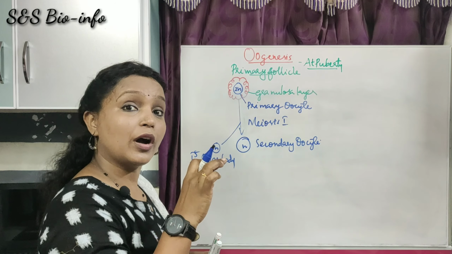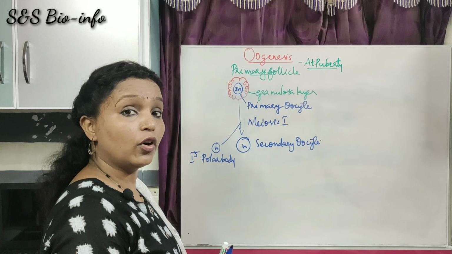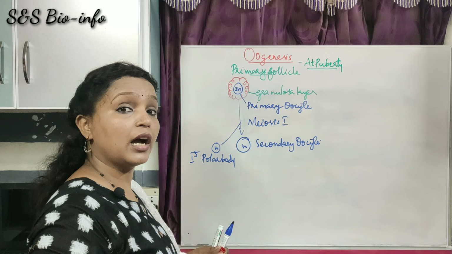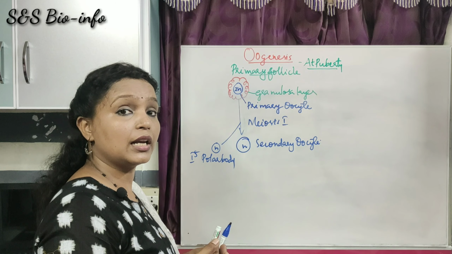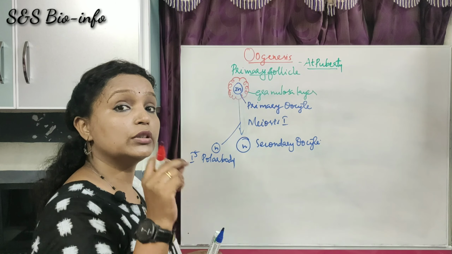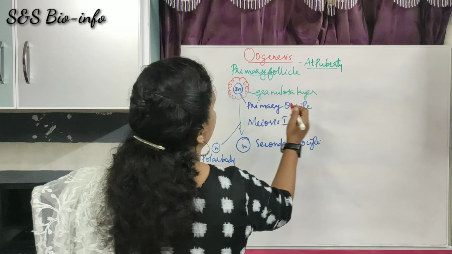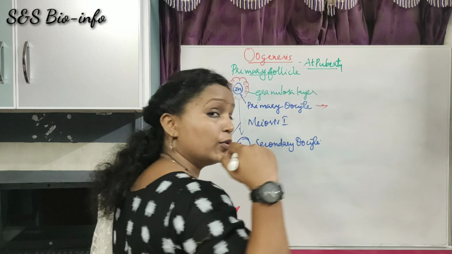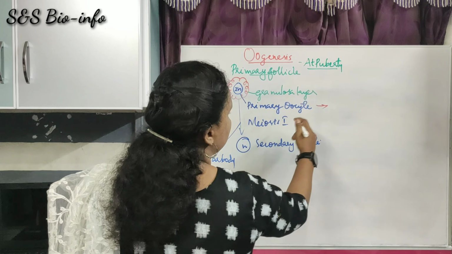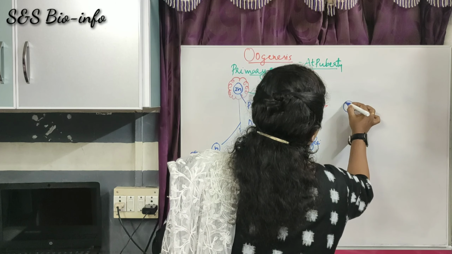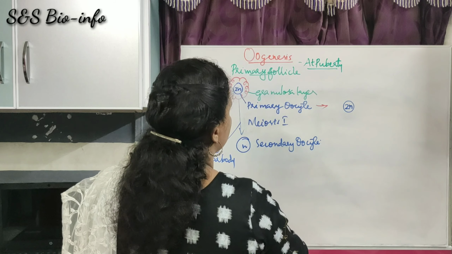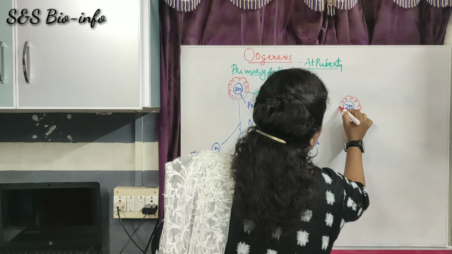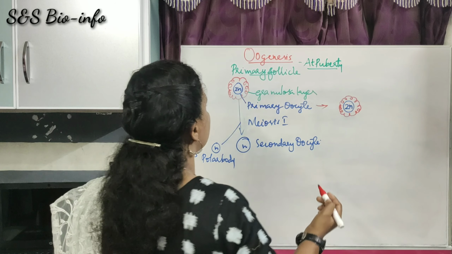So what happens outside the cell? Primary follicle is converted into the secondary follicle by adding more granulosa layers of cells and also theca cells. So here I can show you the changes that take place around the primary oocyte during this period. Suppose this is the primary oocyte. First there was only one layer, that is primary follicle with the granulosa cells.